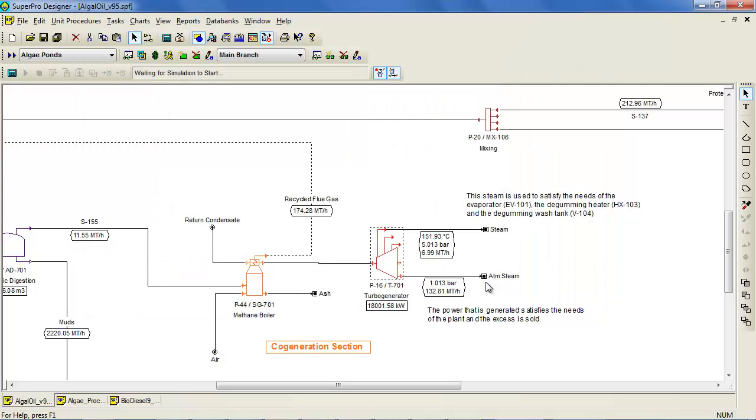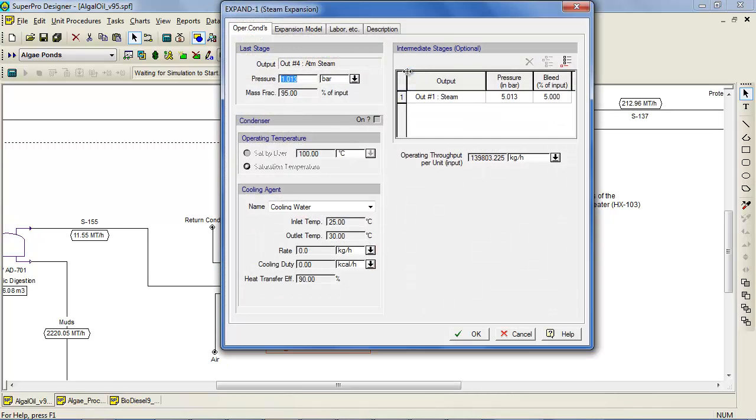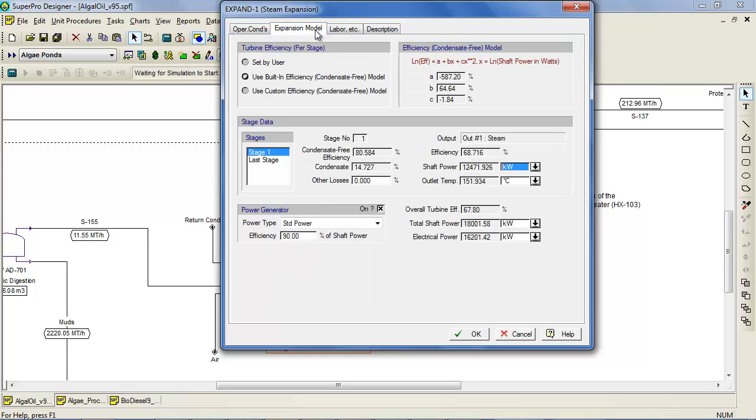The electricity production for this process may be viewed by opening the Steam Expansion Operation dialog associated with the turbo generator and selecting the Expansion Model tab. On this dialog, you can see the overall electrical power generation based on the total shaft power and the user-specified efficiency factor.